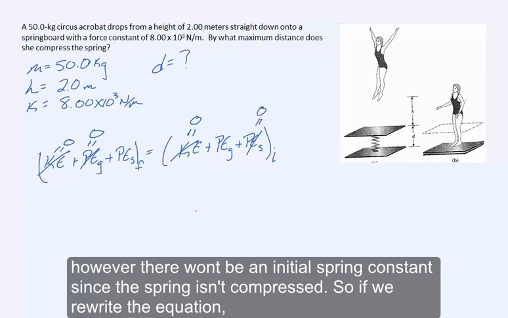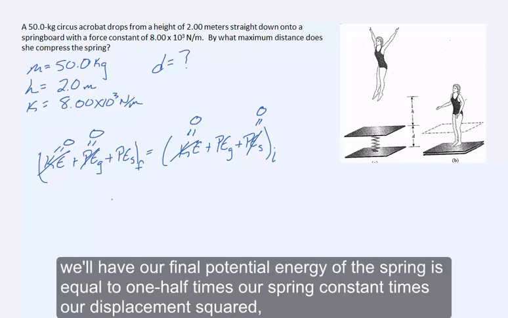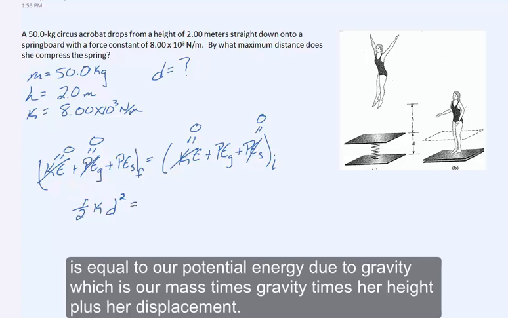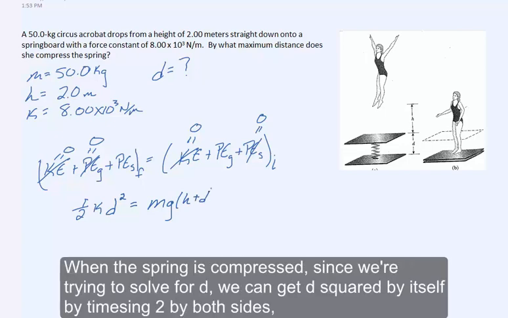So if we rewrite the equation, we'll have our final potential energy of the spring, 1/2 times our spring constant times our displacement squared, is equal to our potential energy due to gravity, which is our mass times gravity times her height plus her displacement when the spring is compressed.